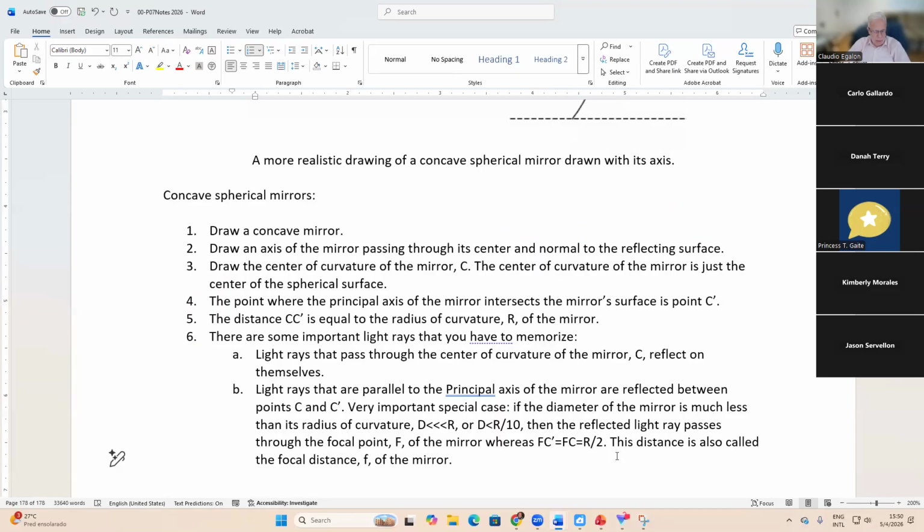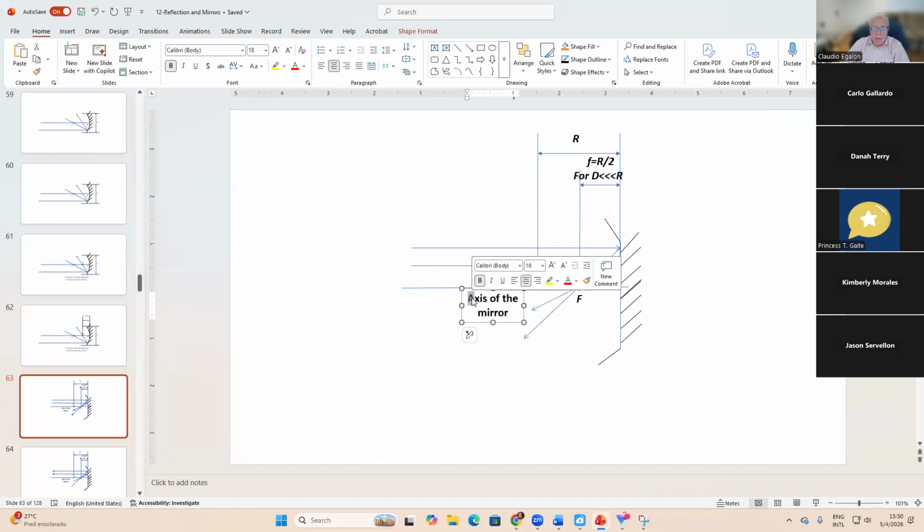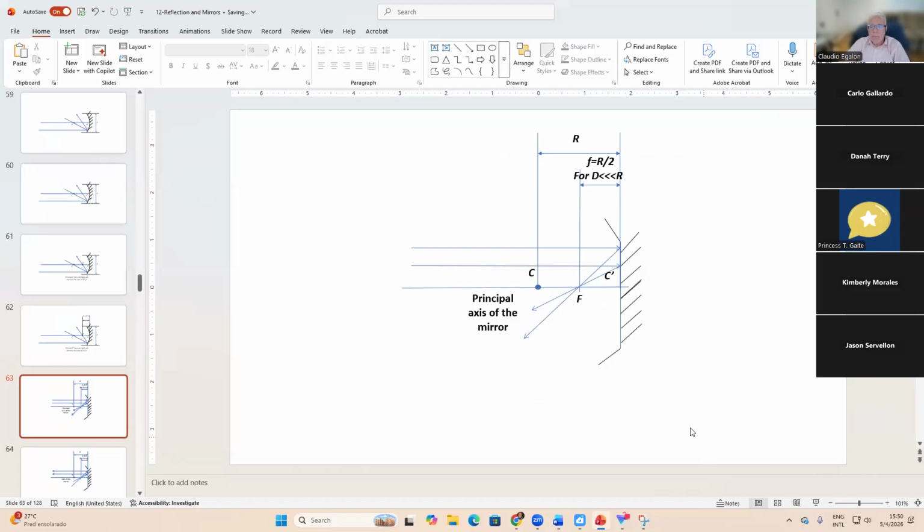Let's see if we have another one. Oh yeah, we have another one. Another important light ray. Let's see if I have a drawing here of this other important light ray. Principal axis of the mirror, right? A light ray parallel to the principal axis of the mirror passes through the focal point.